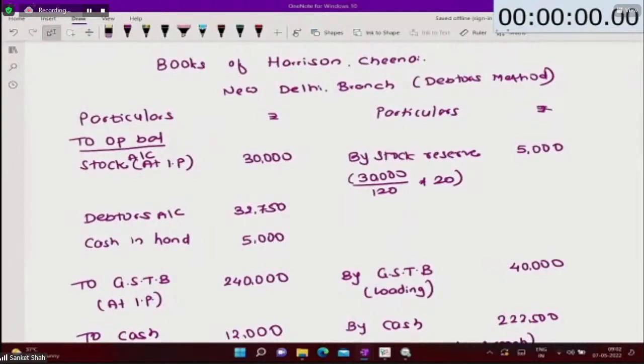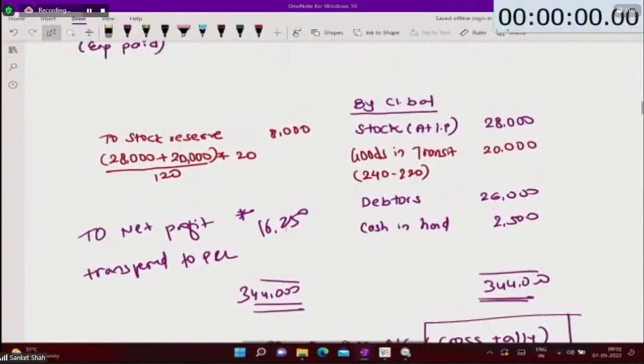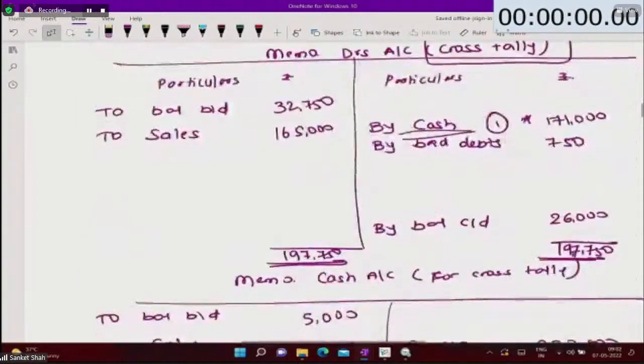If you miss some part, this is the second part. Easy, Jay. Memorandum data account is open only for cross tally, my friend.